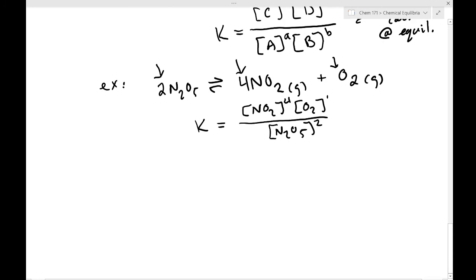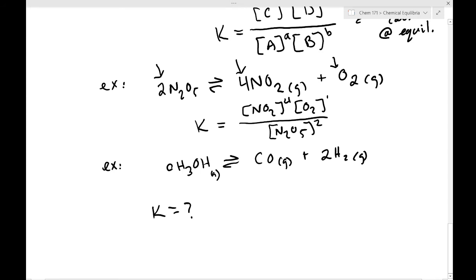Okay, so let's look at another example. Let's decompose some methanol to form, and this is a gaseous reaction, carbon monoxide and hydrogen. Okay. What is the equilibrium constant?